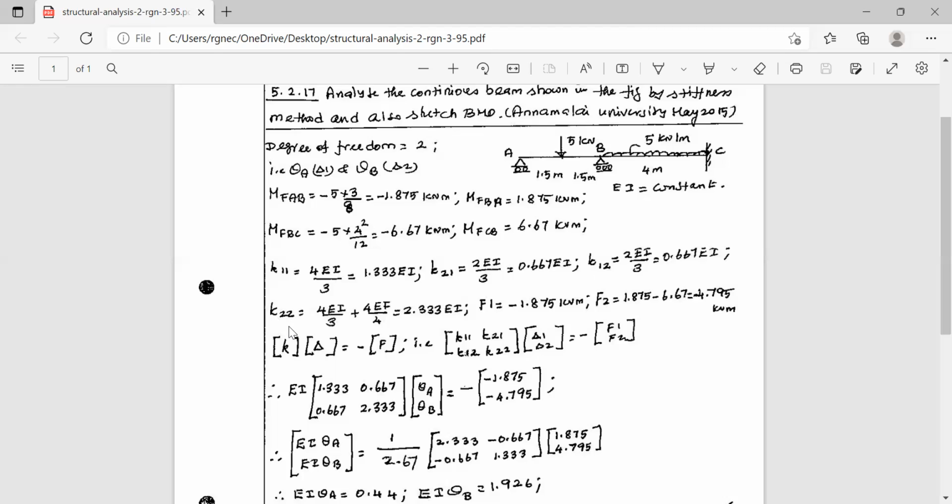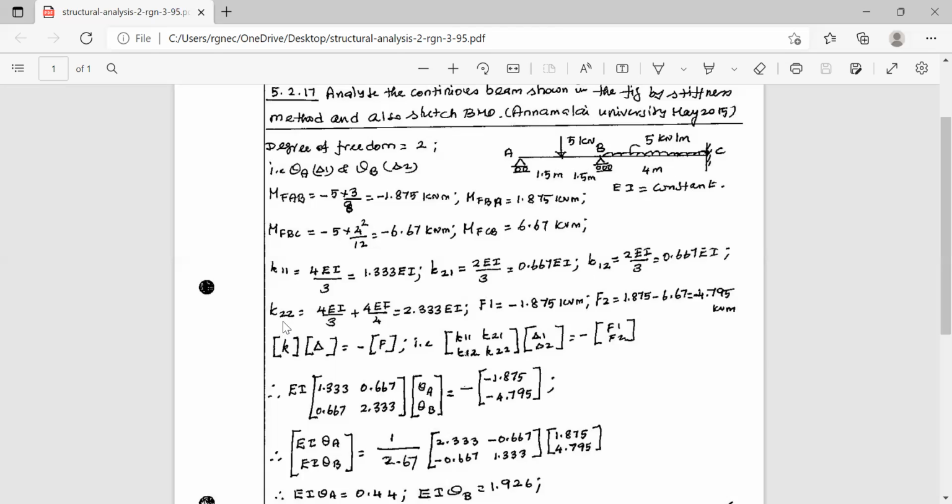Now next is K22. The second subscript is 2. That is, the rotation is applied at 2 and the moment is induced at 2. Here point 2 refers to the displacement theta B. On either side you have one span. BA is one span, BC is one span.